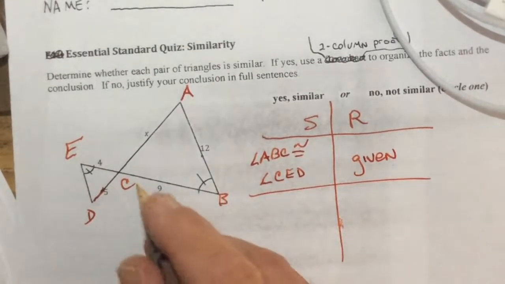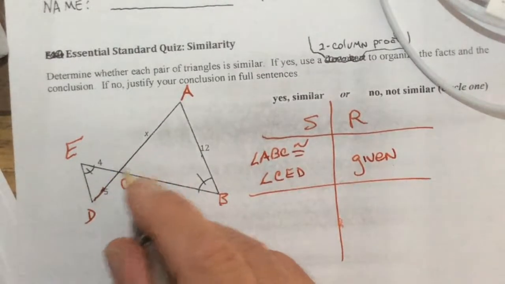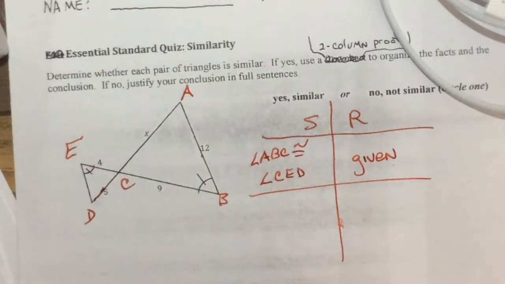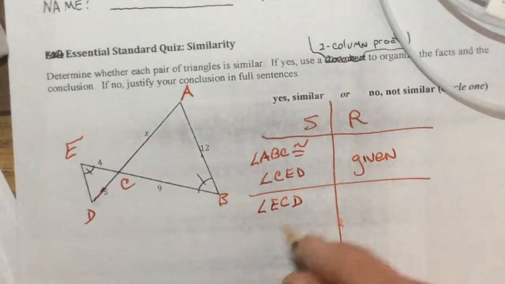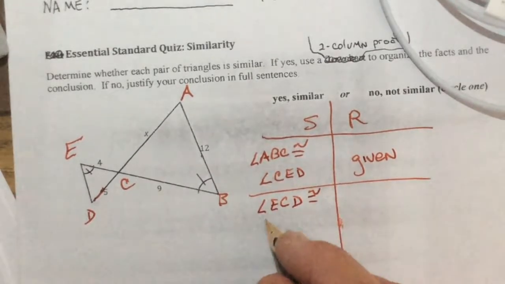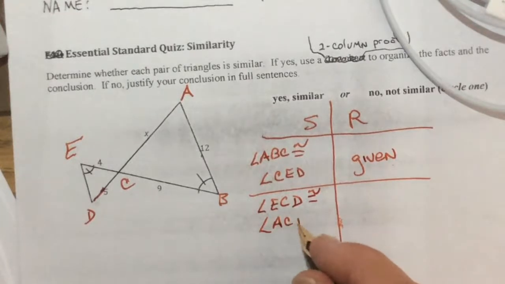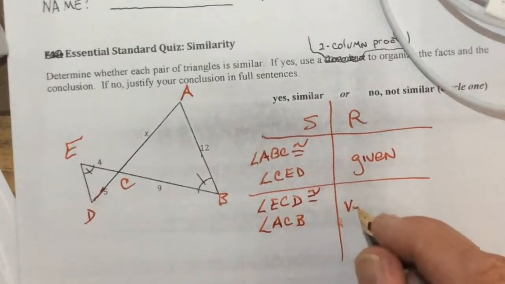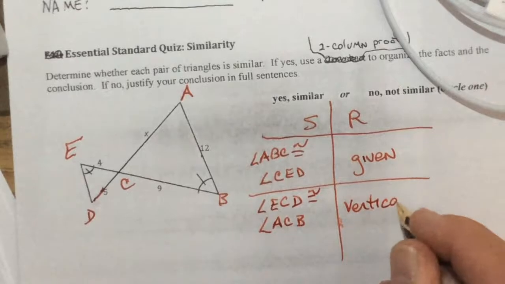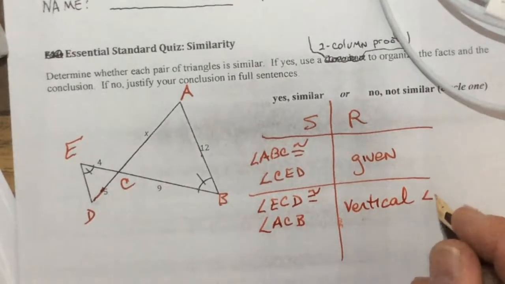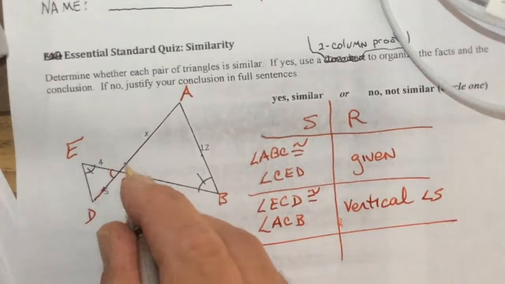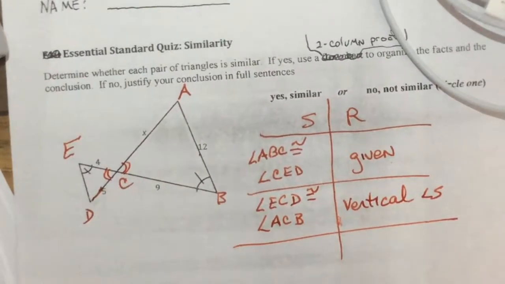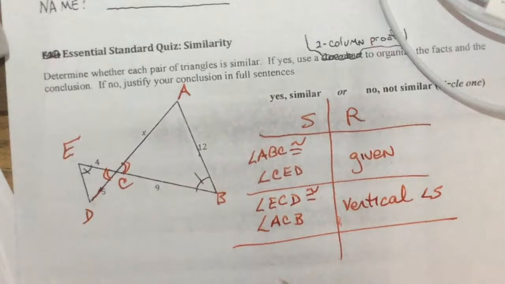The other thing we know is that these two angles are congruent. Angle ECD is congruent to angle ACB because they are vertical angles, and vertical angles are always congruent. And that's it. You have two pairs of congruent corresponding angles.